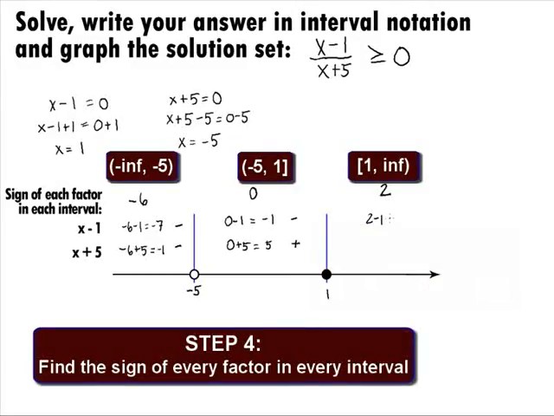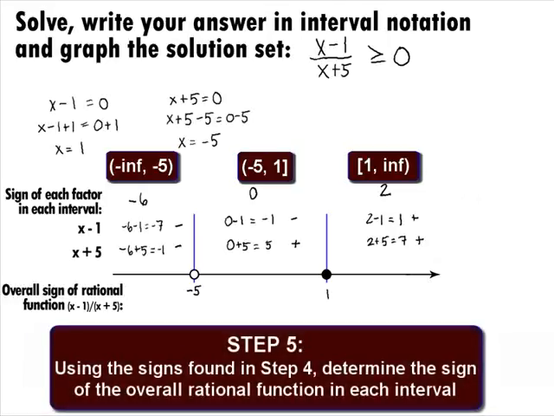Let's choose 2 to plug into x minus 1 and get 2 minus 1 equals 1. Since 1 is a positive number, this factor is positive in that last interval. Plugging the 2 into x plus 5, we get 2 plus 5 equals 7, which means this factor is also positive in that last interval.